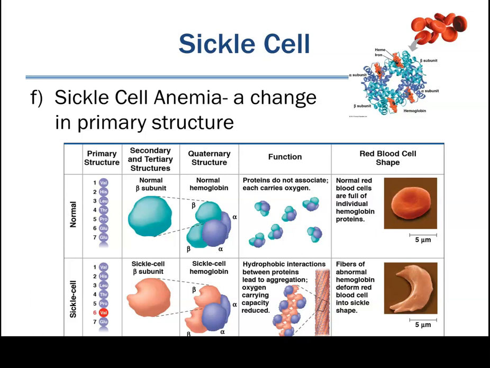So here is our sickle cell example again. I'm really just using this to show you what the quaternary structure looks like. You've got your 2 beta or B subunits, you've got your 2 alpha subunits, and those all come together to make a full hemoglobin molecule.